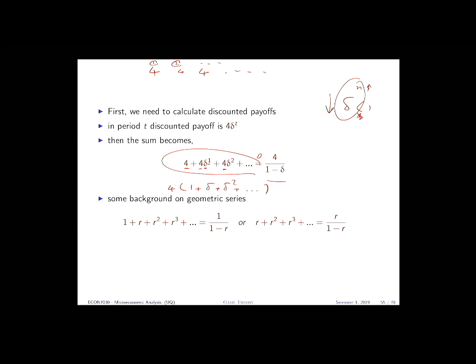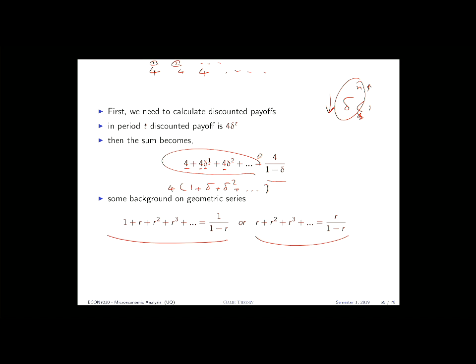Because 4 is common in all the terms. And from mathematics, we know that this geometric series has the following sum. These are the only two things that you need to know in this course regarding the mathematics background for the geometric series. Nothing further.